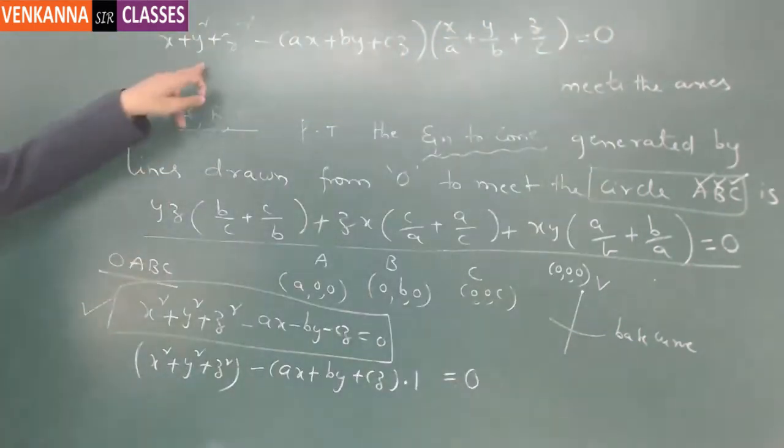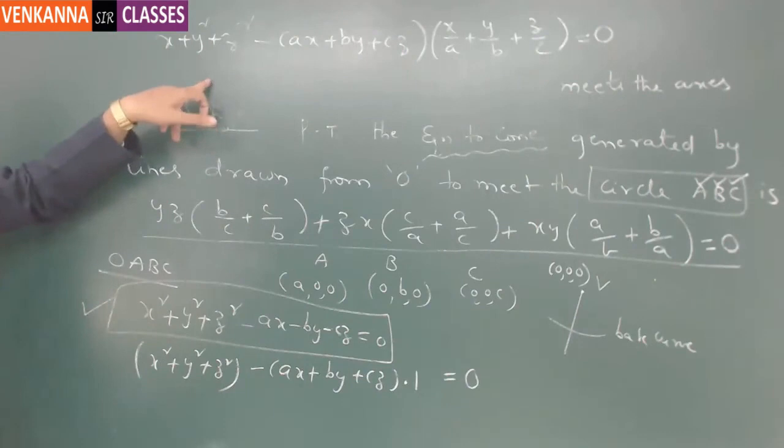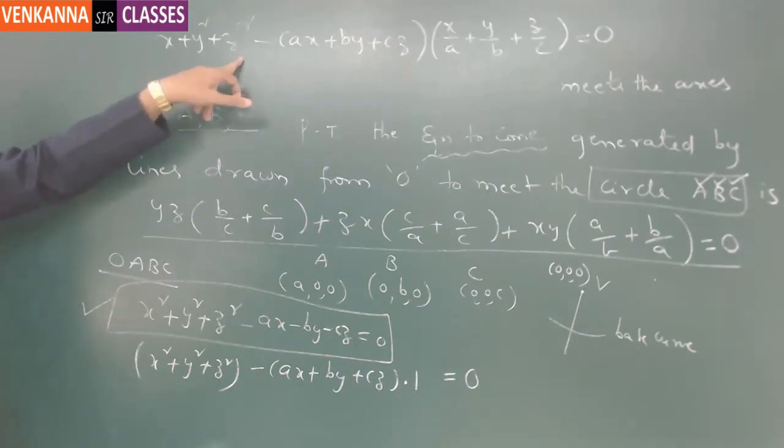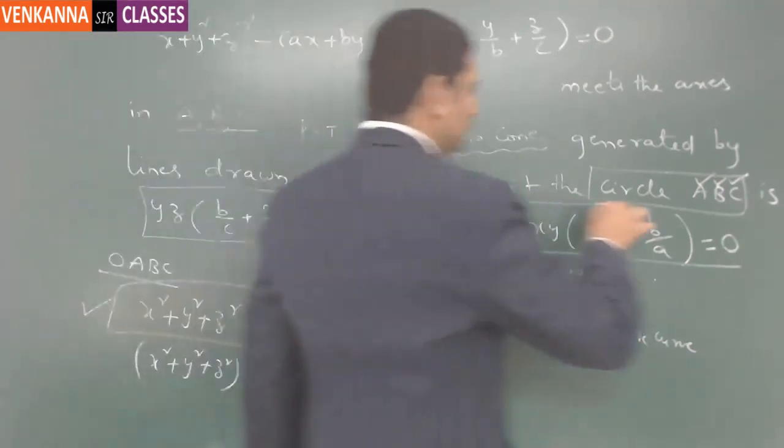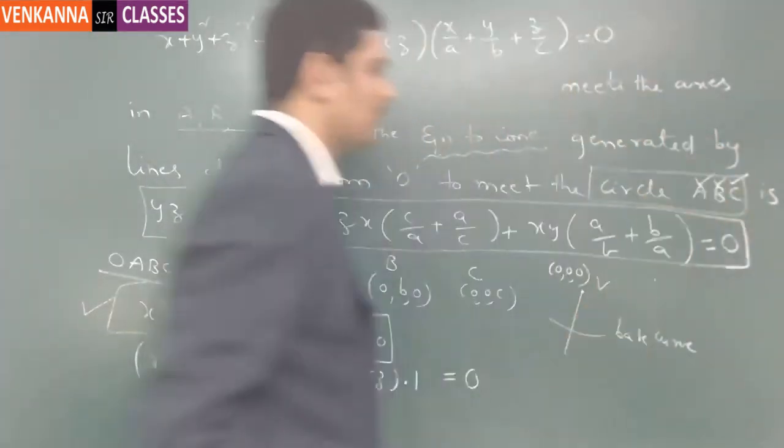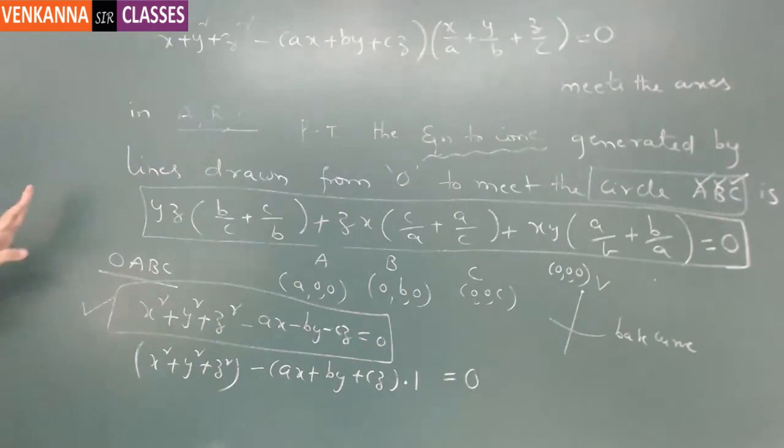Now if you multiply all these values, x², y², z² get cancelled and you will get the solution of the problem. So this is the required solution.